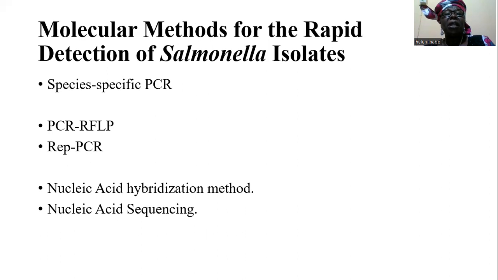Molecular methods for the rapid detection of Salmonella isolates include species-specific PCR, restriction fragment length polymorphism, nucleic acid hybridization method, and nucleic acid sequencing.